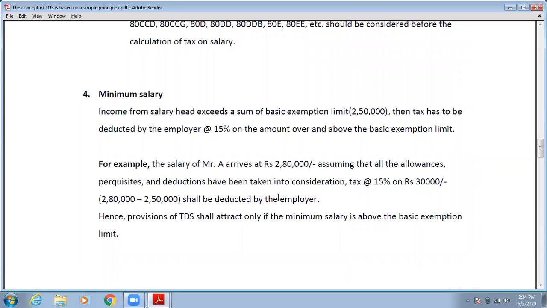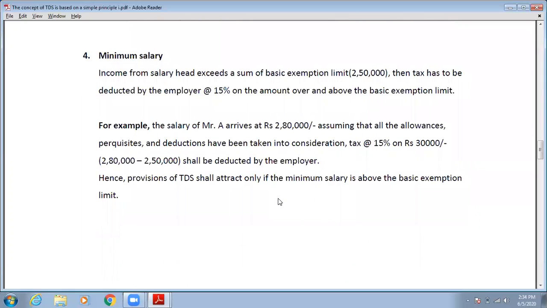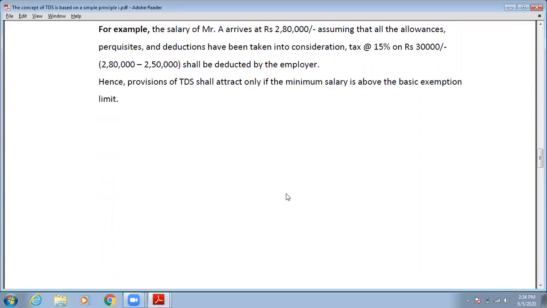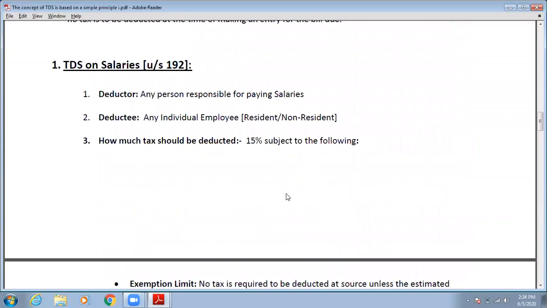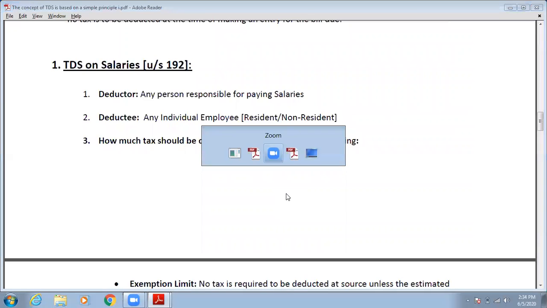So you can deduct TDS only on the salary which exceeds the basic exemption limit, that means 2,50,000. For salary less than 2,50,000 you do not have to deduct tax. Okay. So this is the provision of TDS on the payment of salary. Okay. Now let's see the next provision.